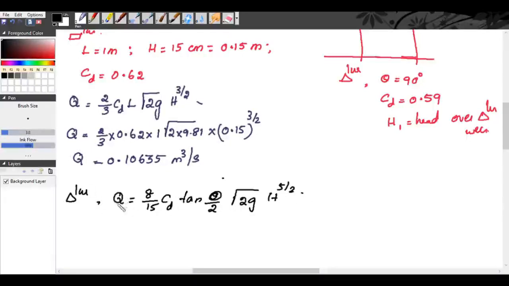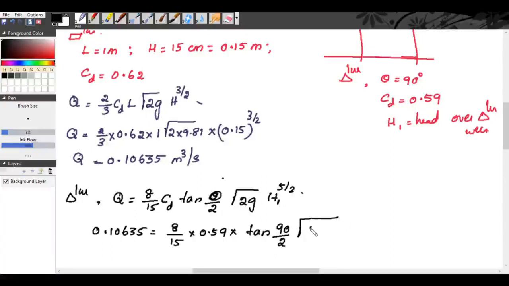So, since the discharge is the same, 0.10635 is equal to 8 by 15. So, here it is H1, right? H1, head over the triangular weir is H1. So, 8 by 15 into CD is 0.59 into tan theta by 2. So, tan 90 by 2, square root of 2 into 9.81 into H1 raised to 5 by 2.